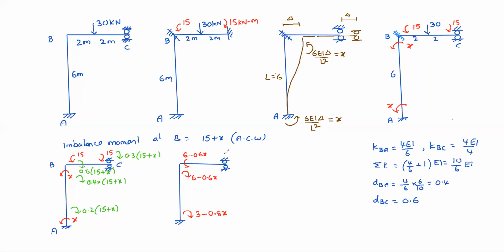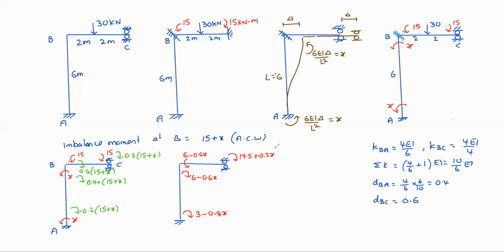And at C support, both are clockwise, so 15 plus 15 into 0.3, 4.5, that is 19.5 plus 0.3X. So these are the moments.